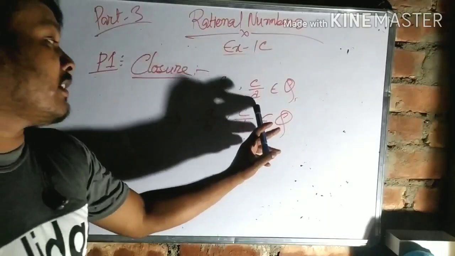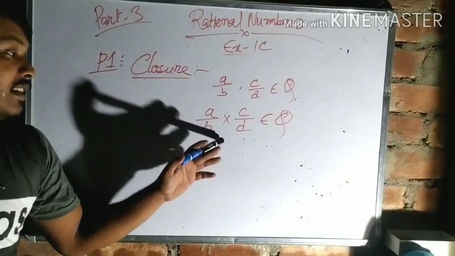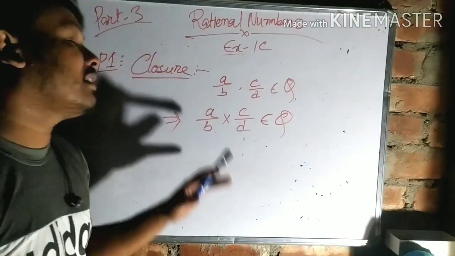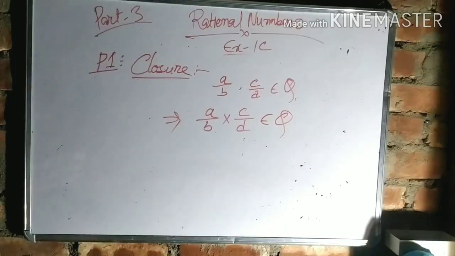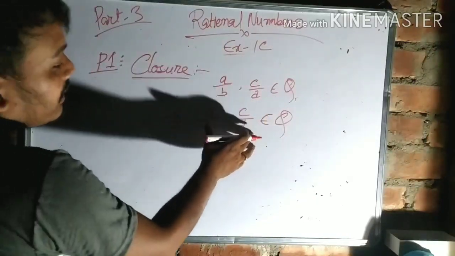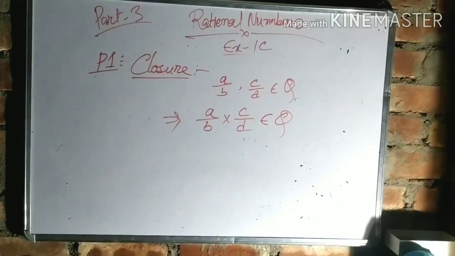If this property holds, then we say that multiplication is closed in rational numbers. That means if we take any two rational numbers and multiply, the result is also a rational number.